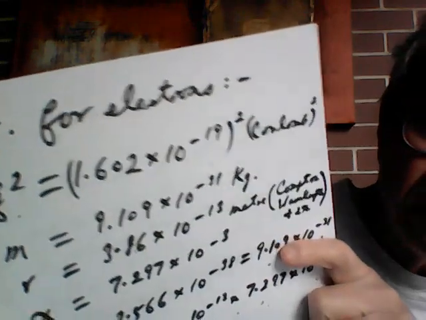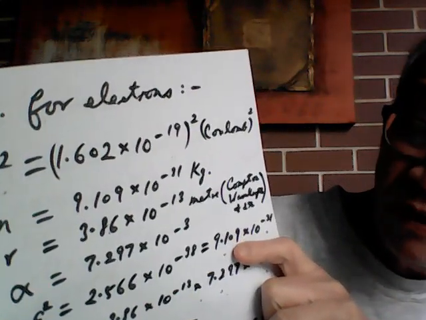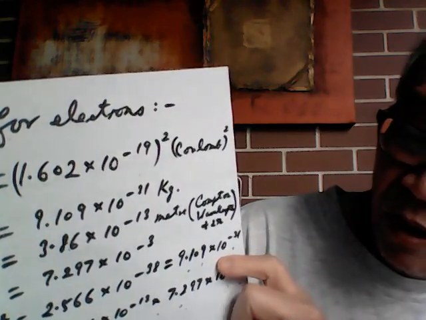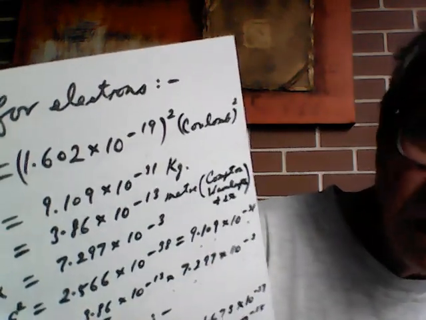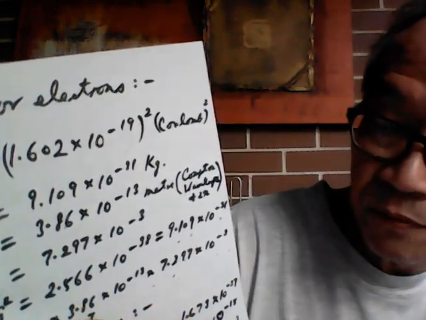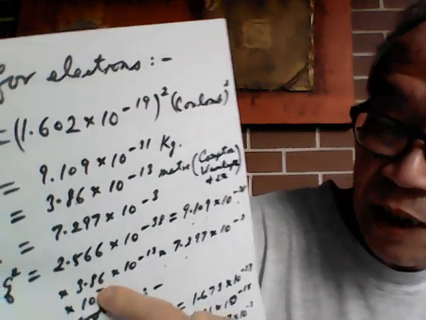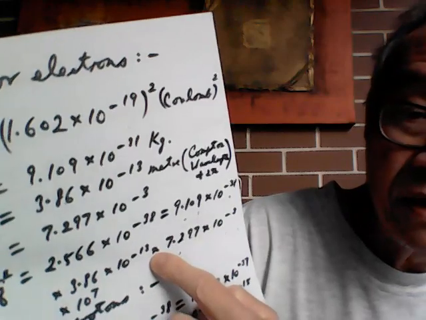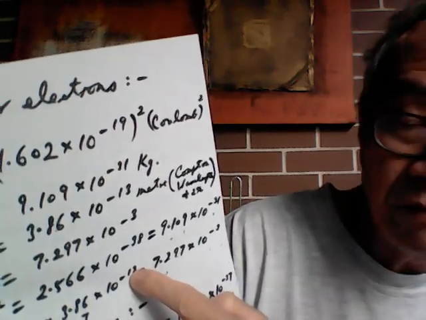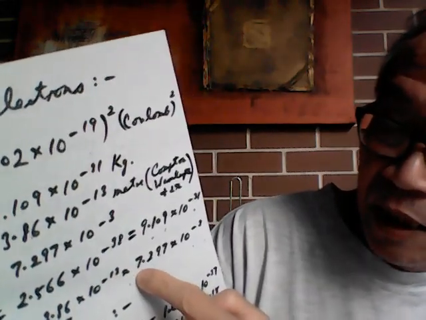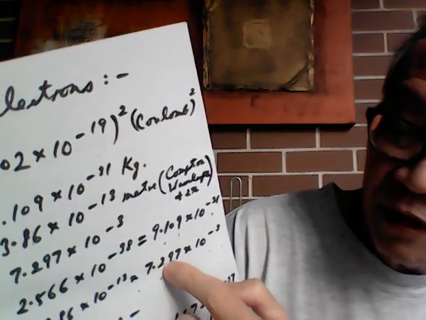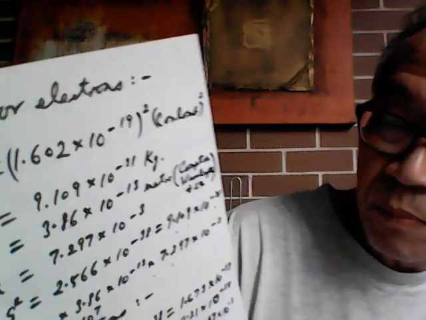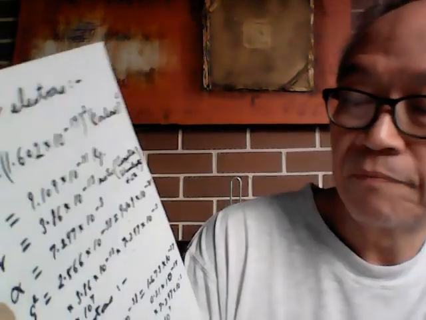And this one is equal to 9.109 times 10 to the power minus 31 kilogram times 3.86 times 10 to the power minus 13 meter, this is the Compton wavelength divided by 2 pi, times 7.297 times 10 to the power minus 3 and times 10 to the power 7.